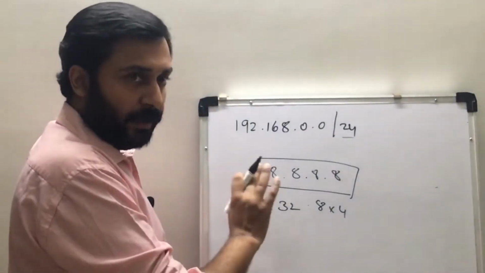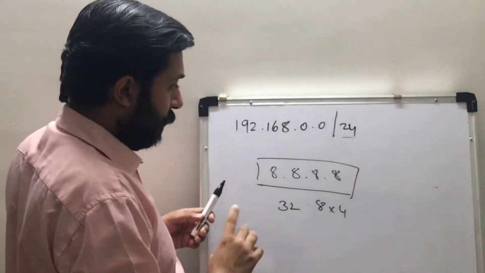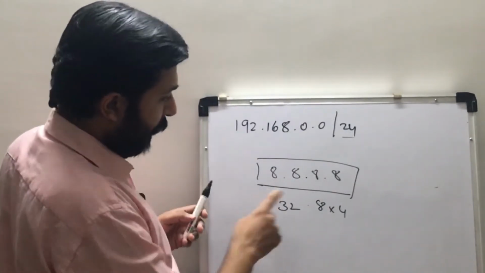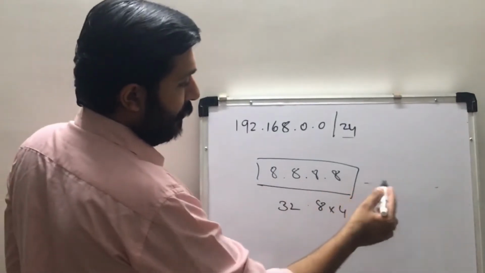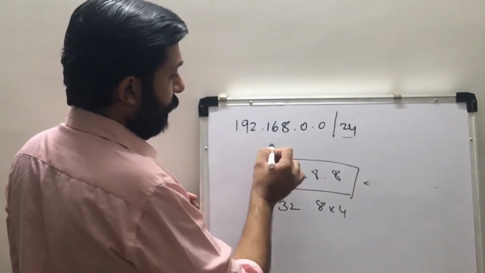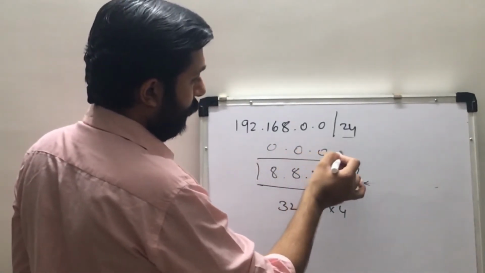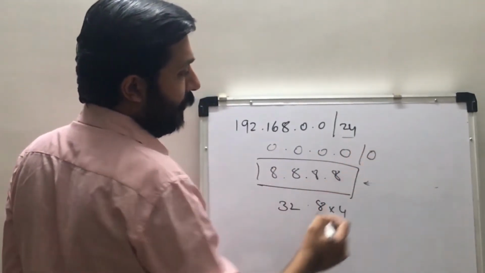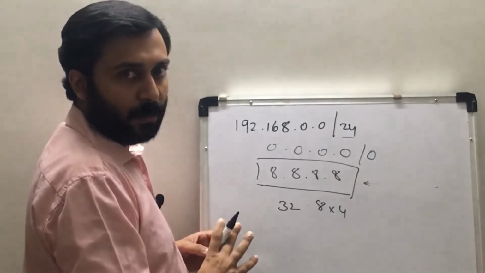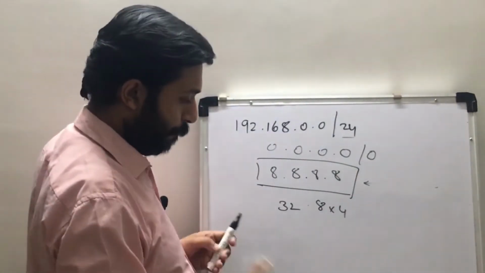I hope you are getting this. Now this makes the complete subnet. So when you say all octets are full, this is the last possible IP and this is the first possible IP. And when I say /0, it is the complete network, the complete IPv4 network.